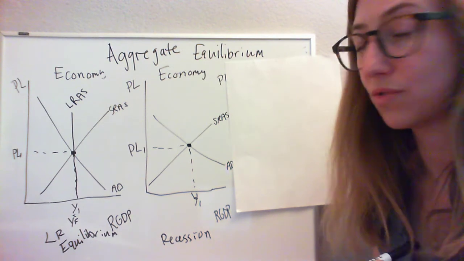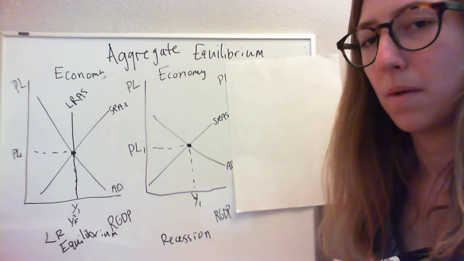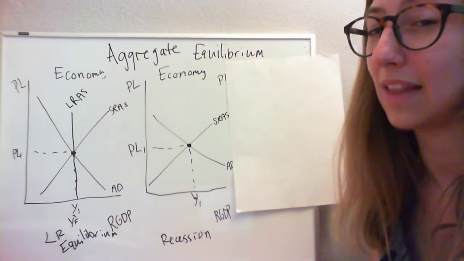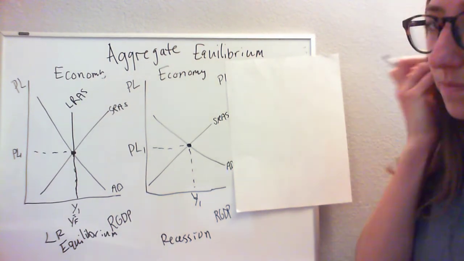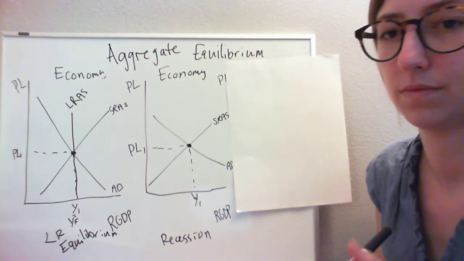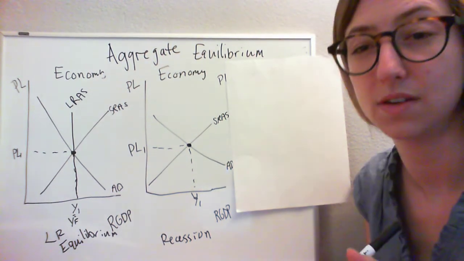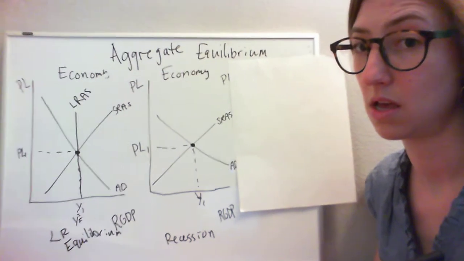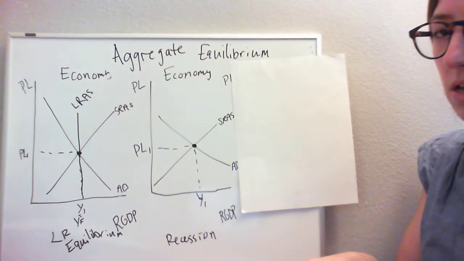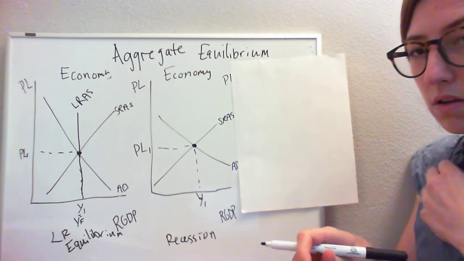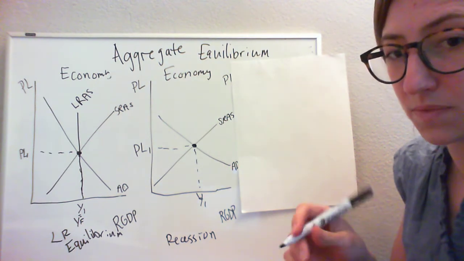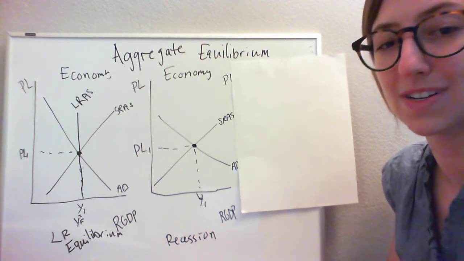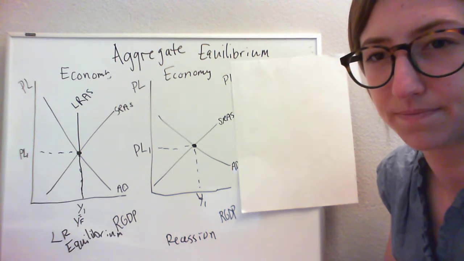You can't tell that just from looking at what we have so far, but in a recession, is production more or less than normal? Yeah, it's less. So where should YF be to show that production is less than normal because we're in a recession?